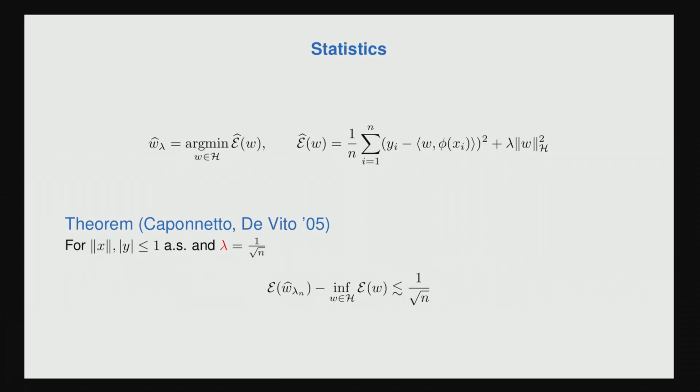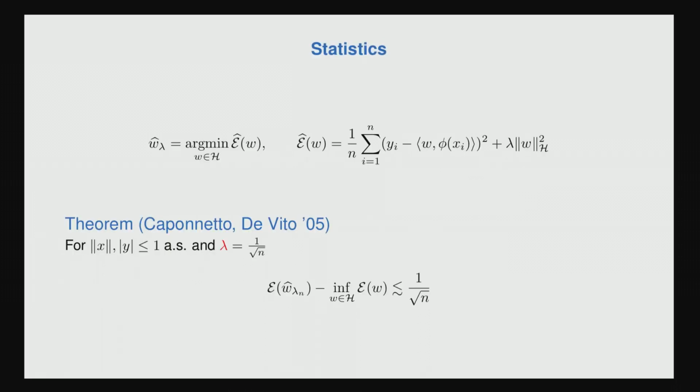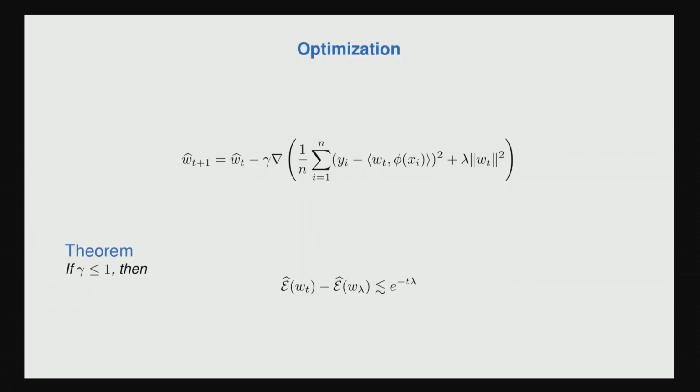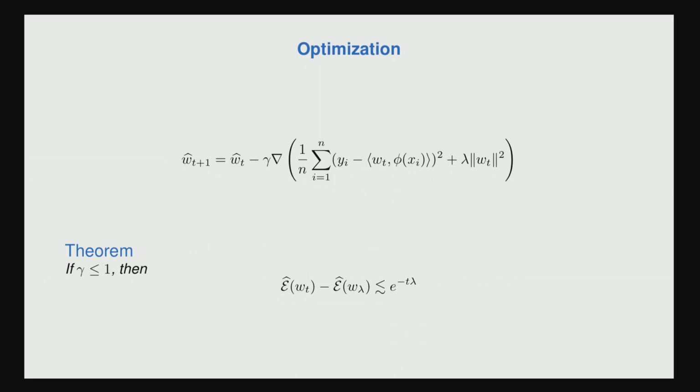Because you start by saying that you have this W lambda, which is the exact solution of my empirical problem. As I told you before, usually people cannot have the exact solution of this problem, but use optimization. So the optimization person says, okay, I'm going to solve this problem with gradient descent.